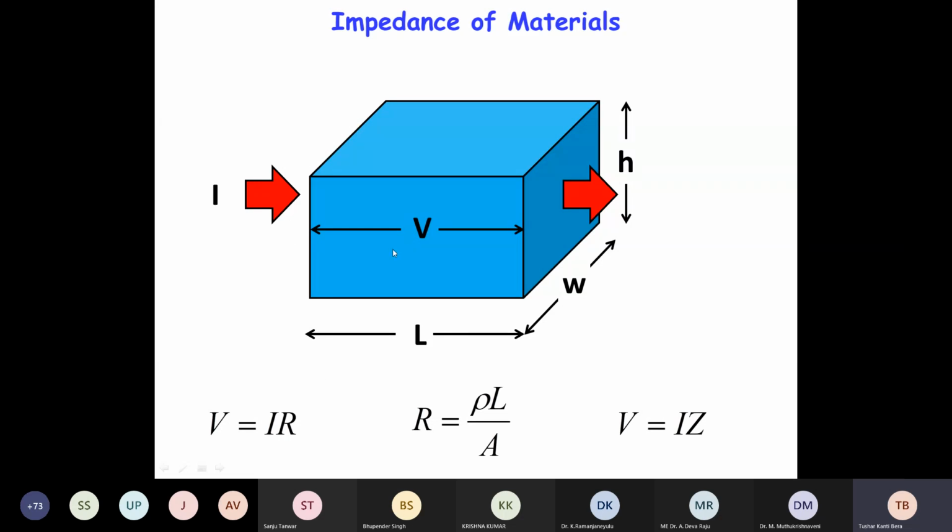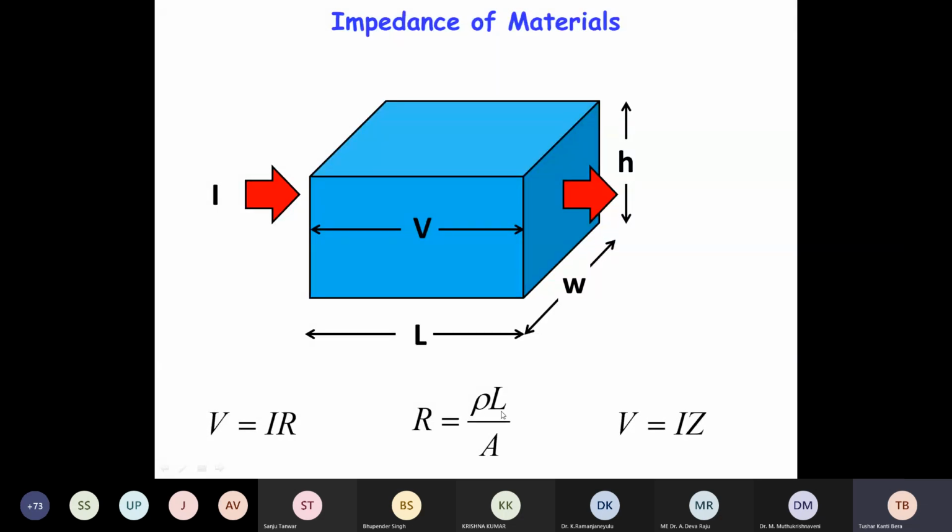So if we measure the voltage across this, suppose we have an electrode here and an electrode here, and we are sending some current and we see some voltage has developed. Now whenever we get some voltage value across this surface and that surface, then we will have some proportionality constant R, and this is nothing but the resistance for the DC measurement technique.